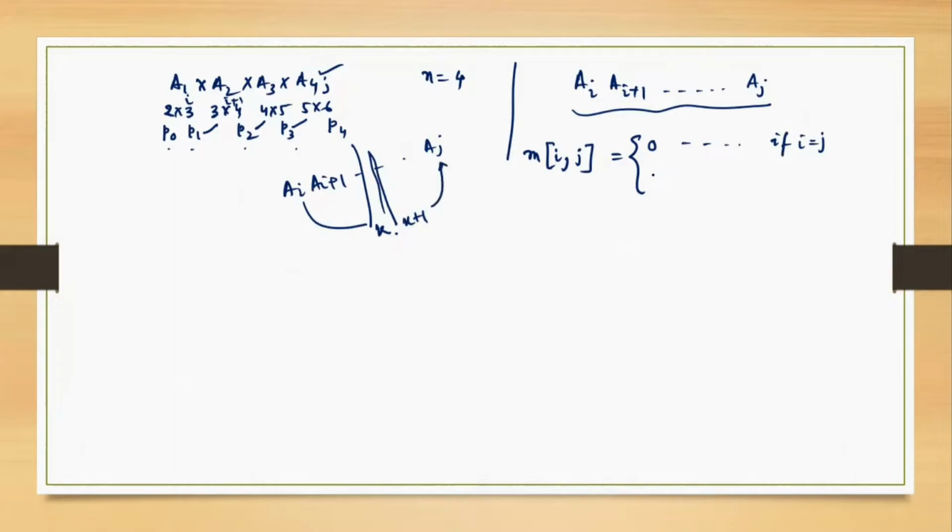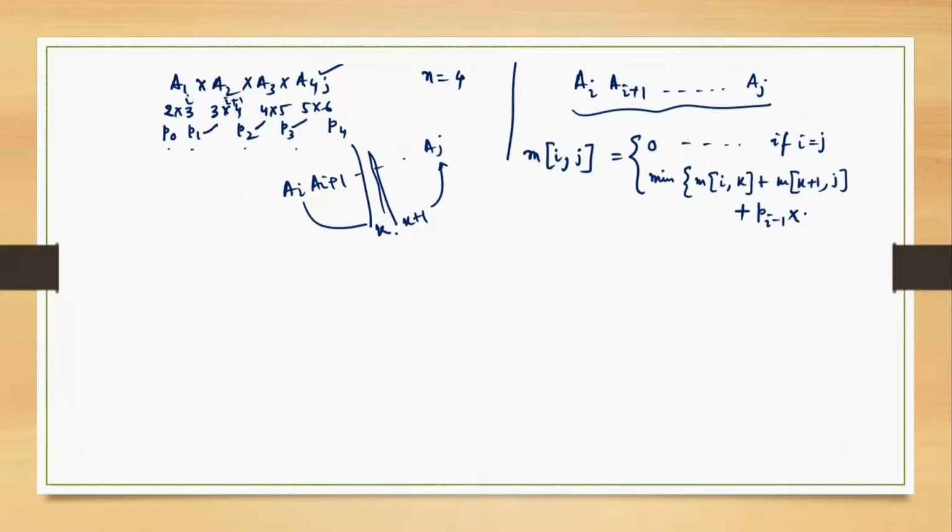In this way, we can go for establishing the formula. I'm not going into detail of it. It looks like the minimum of m of i to k plus m of k plus 1 up to j, plus the cost of multiplying them together, that means i to k and k plus 1 up to j. The cost of multiplying them together is nothing but p of i minus 1, because as the first one starts from i, its dimension should start from i minus 1, like Ai starts from p of i minus 1 into p of i.